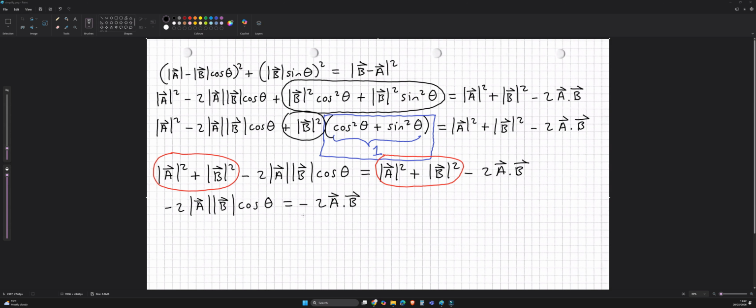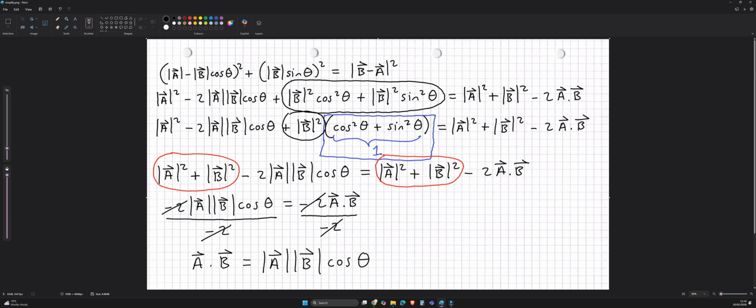All we have to do now is divide both sides of this equation by minus 2. So what we're left with, if these cancel out over here, is the dot product of the vectors a and b is equal to the magnitude of a times the magnitude of b times cos theta.